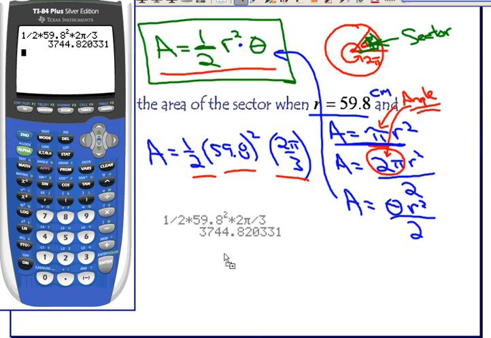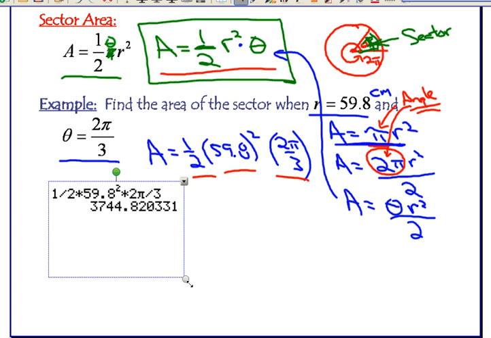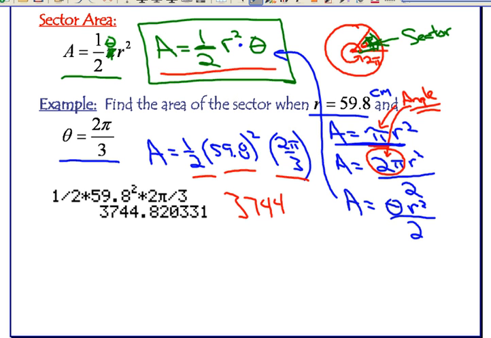So I get this for my answer, 3,744 centimeters squared. And that's the area of the sector when I cut out that portion of the circle. And that completes this part.